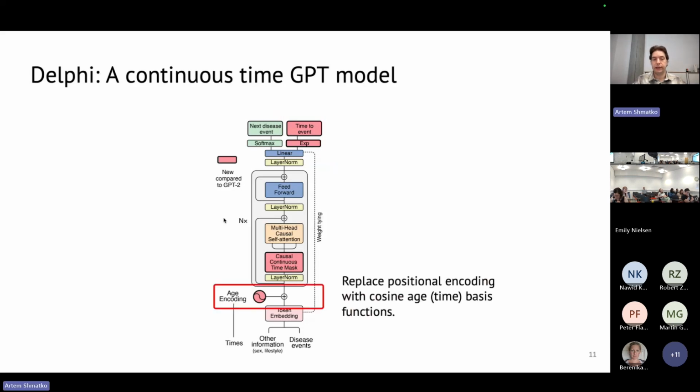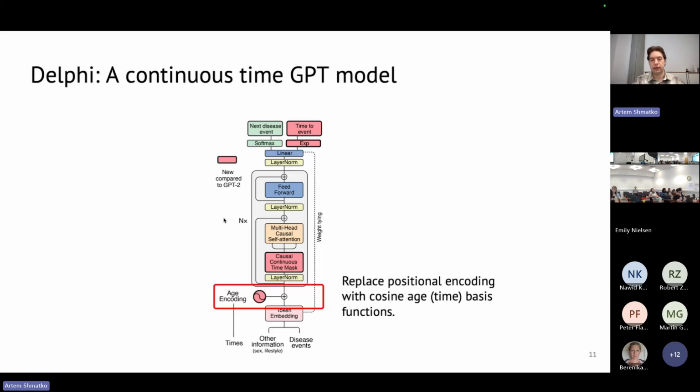And then, of course, we need to handle the time not only for the outputs, but also for the inputs. Normally, the transformer has so-called positional encoding. That's their way to distinguish between the token at position 1 and the token at position 5, for example. For us, these positions are not discrete and not defined as integers.